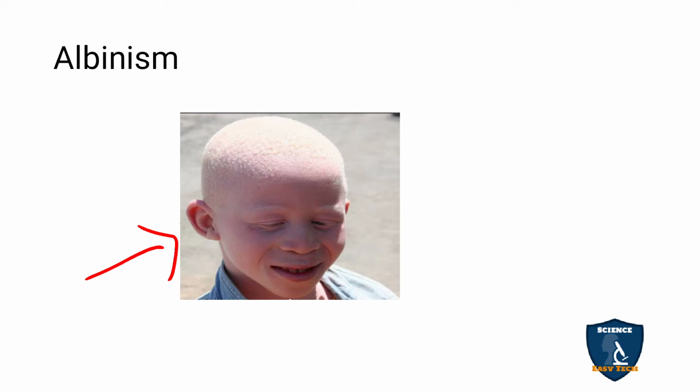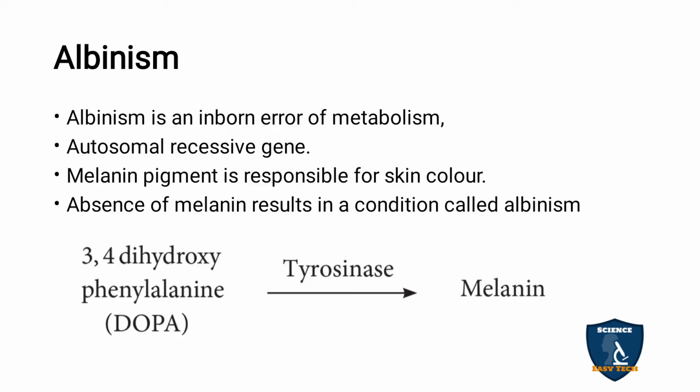The parts where we normally get black color patches, where melanin should be more, are white in color. There is no melanin pigment in the body, and this leads to poor eyesight also. They have some problems, so we are going to see in detail.